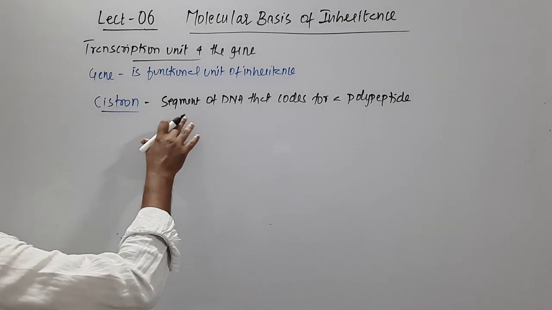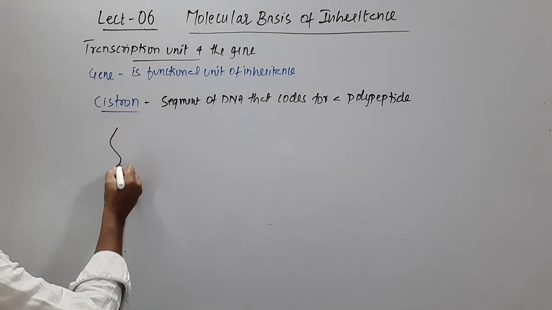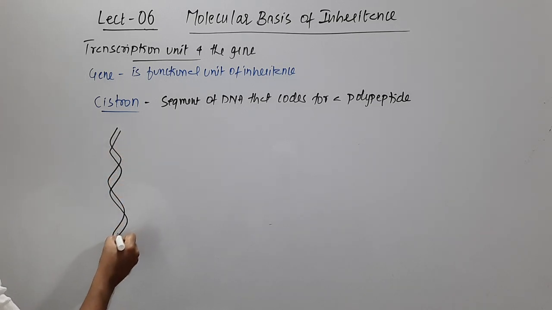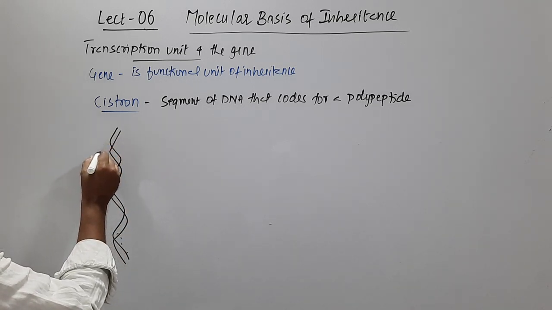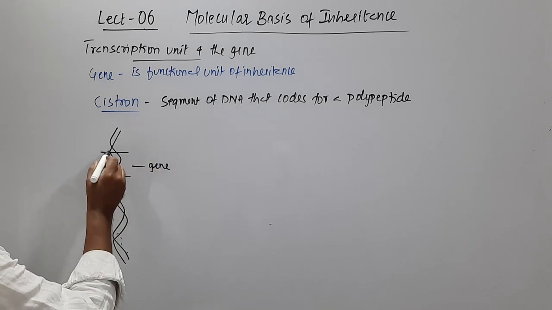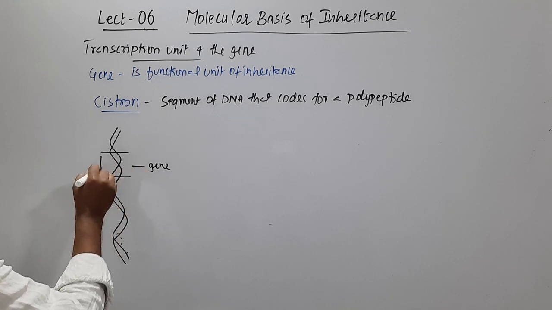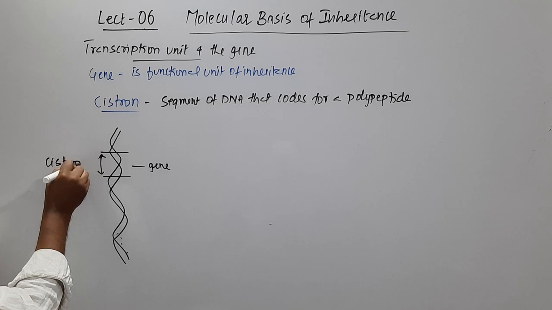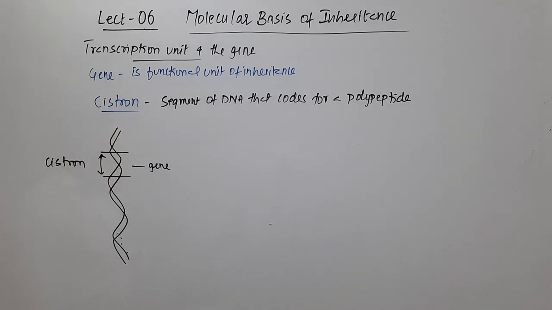So when I take a DNA molecule, say from this point to this point is a gene and this is a cistron, and that cistron codes for a polypeptide.